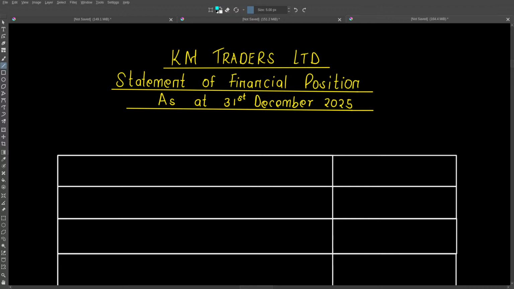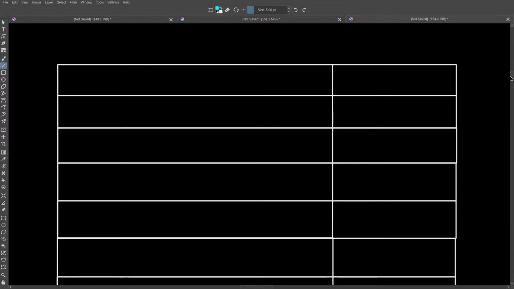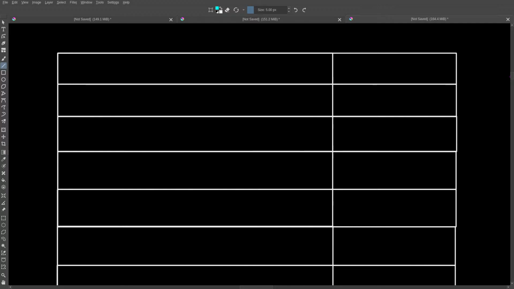We classify them into 2: current assets and non-current assets. A current asset is anything of economic value that you can utilize within a period of 12 months, that is 1 year.